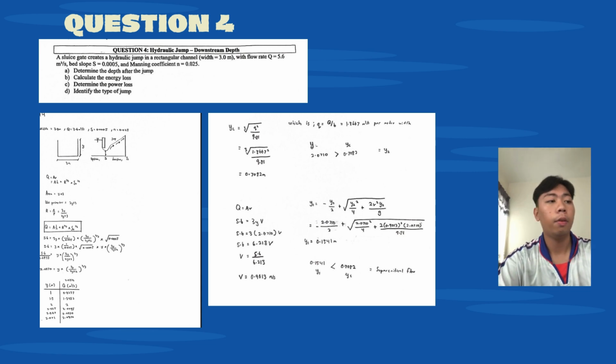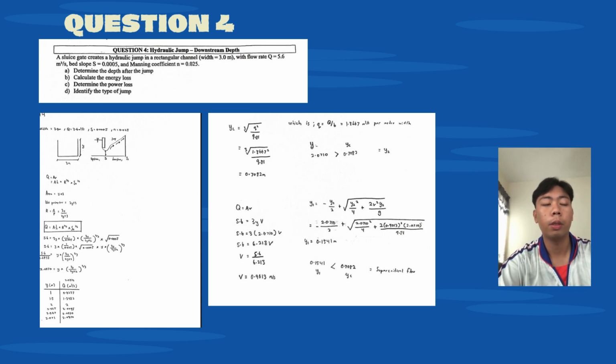Okay, so for question 4, the data given: the width is 3.3 meter, Q is 3.6 meter cube per second, the S is 0.0005, the N is 0.025.